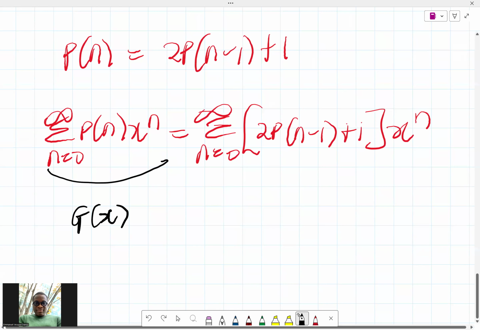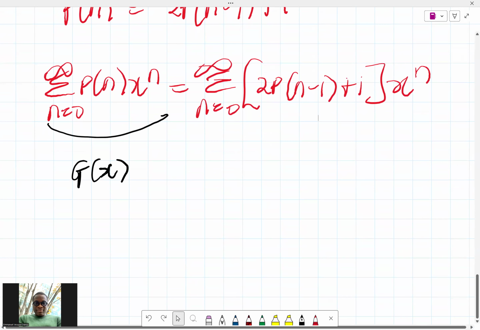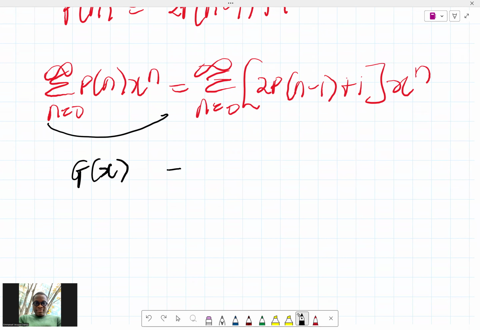So that's settled. Next, we have to deal with this part. This term is a bit tricky because it is not n directly; it is 2P(n-1).